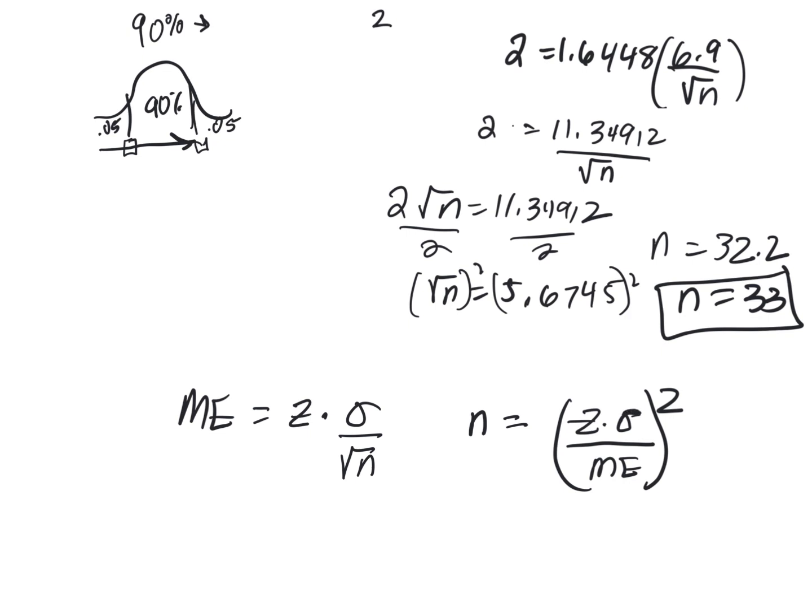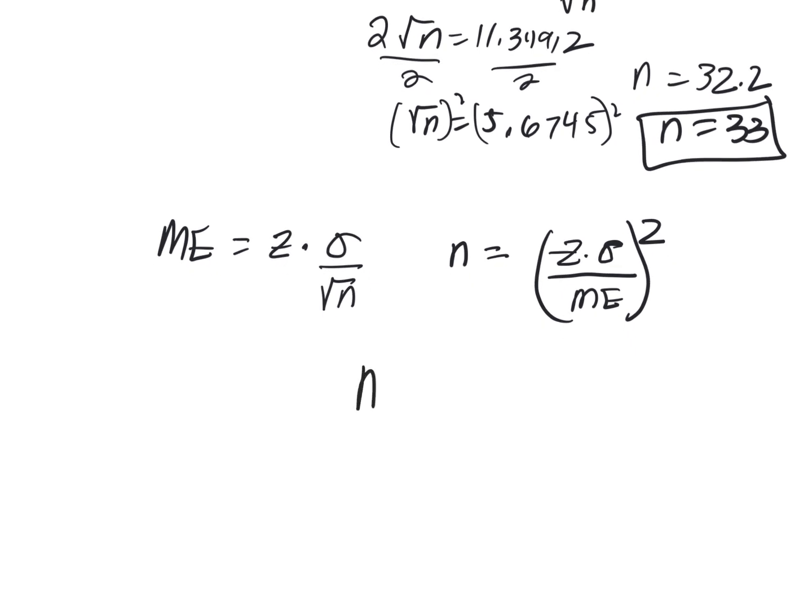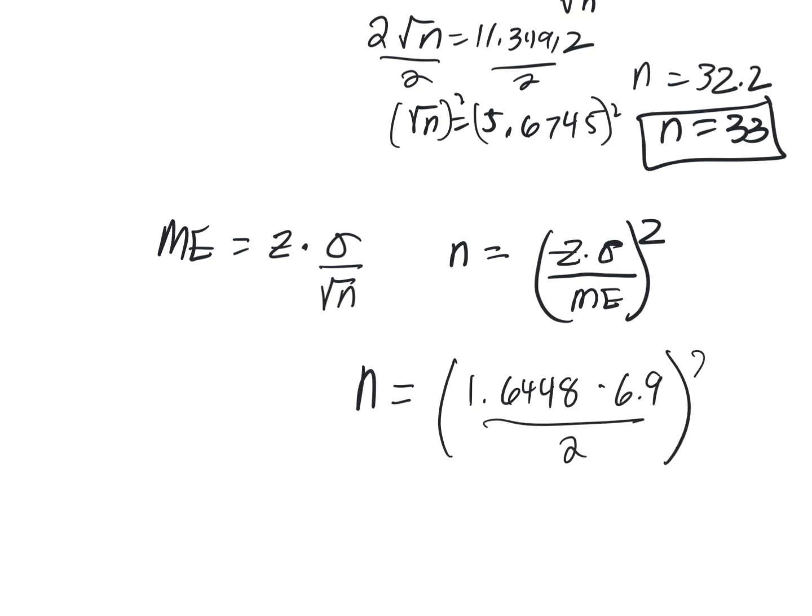So if you want to just plug it into that formula right away, you'd get n equals 1.6448 times 6.9 divided by 2 squared, and then you'd get this up here as well.